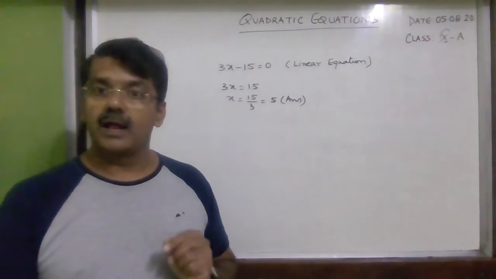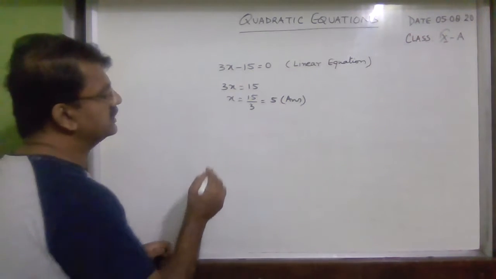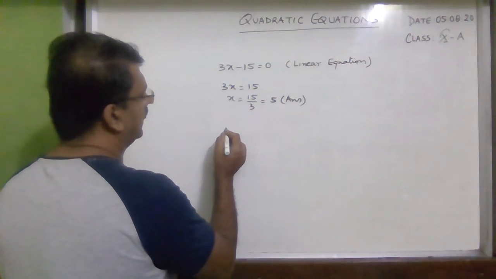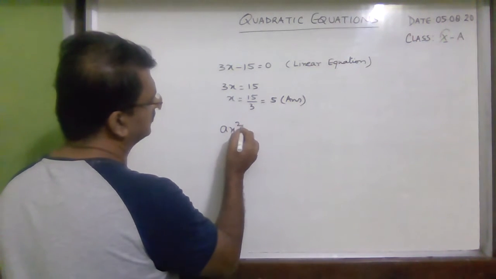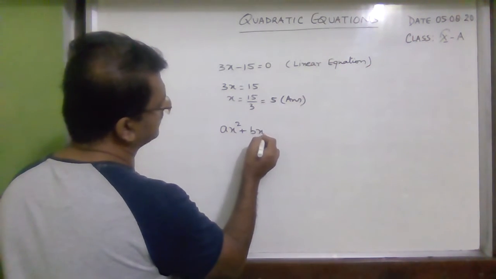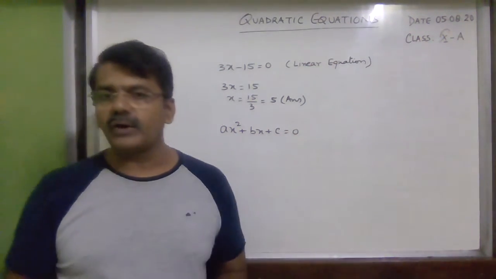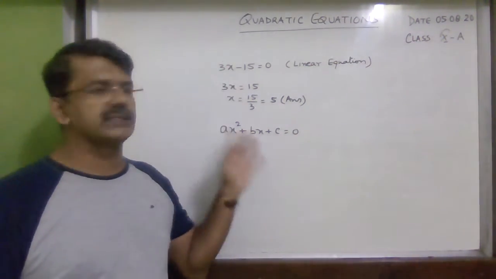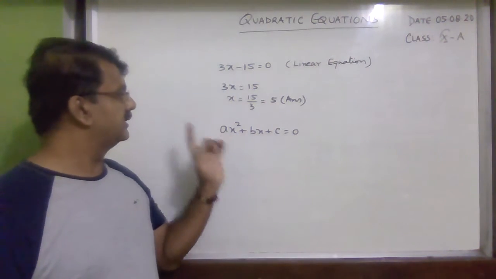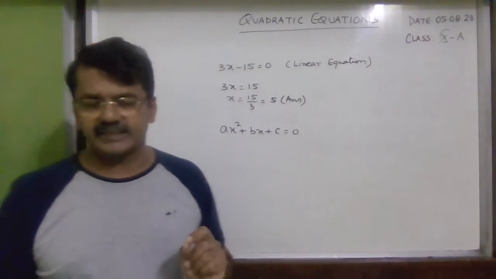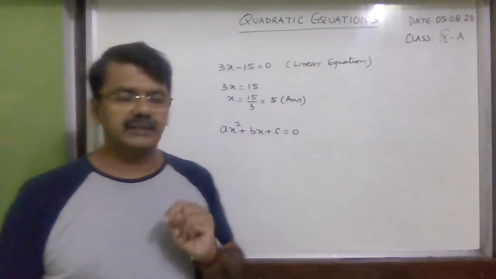Now suppose there is an equation in the form ax square plus bx plus c is equal to 0. What is the difference between that equation and this equation? The difference is, there the highest power of x, the unknown, was 1.